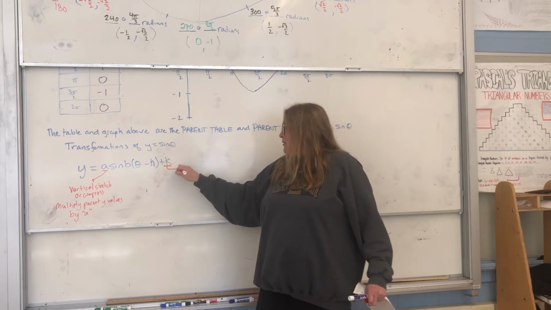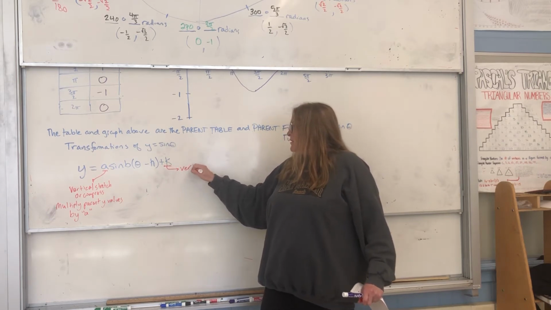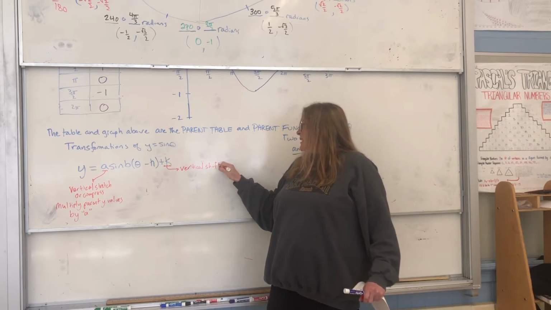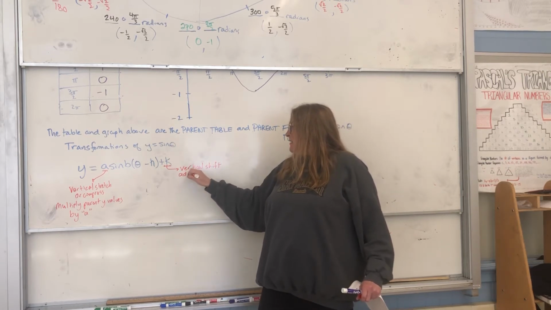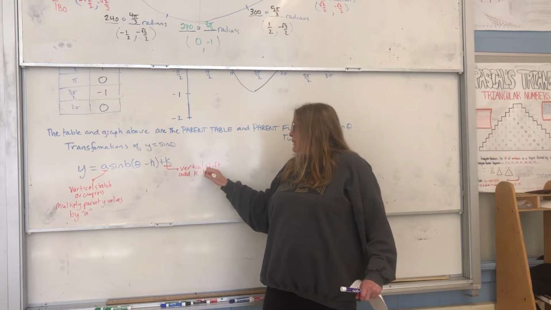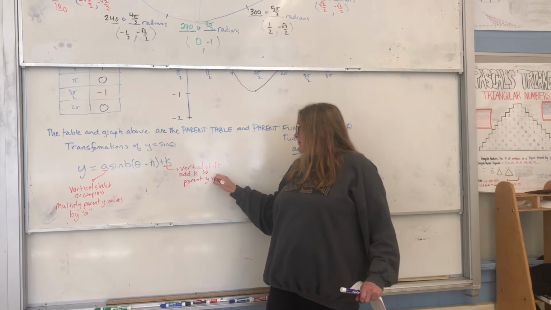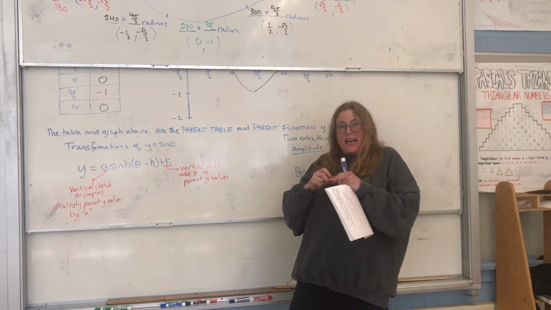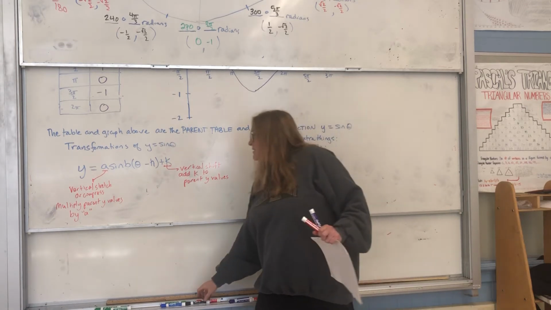K is also vertical, but it's vertical shift. And here I'm going to add K to the parent y values. Right? So anything on the outside affects the parent y's.